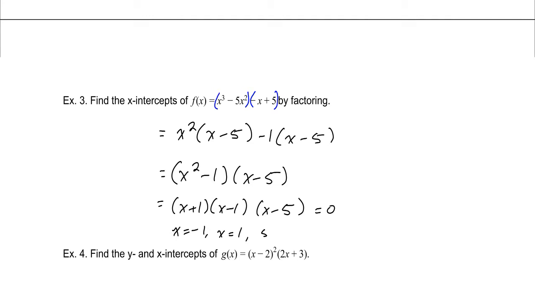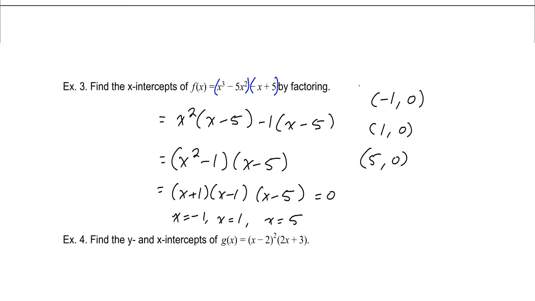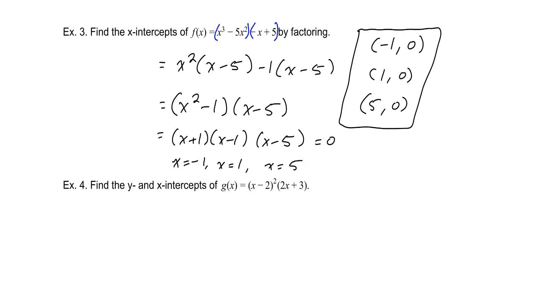Let's write that out completely. So our x-intercepts are the points negative 1, 0, 1, 0, and 5, 0. That answers the question.